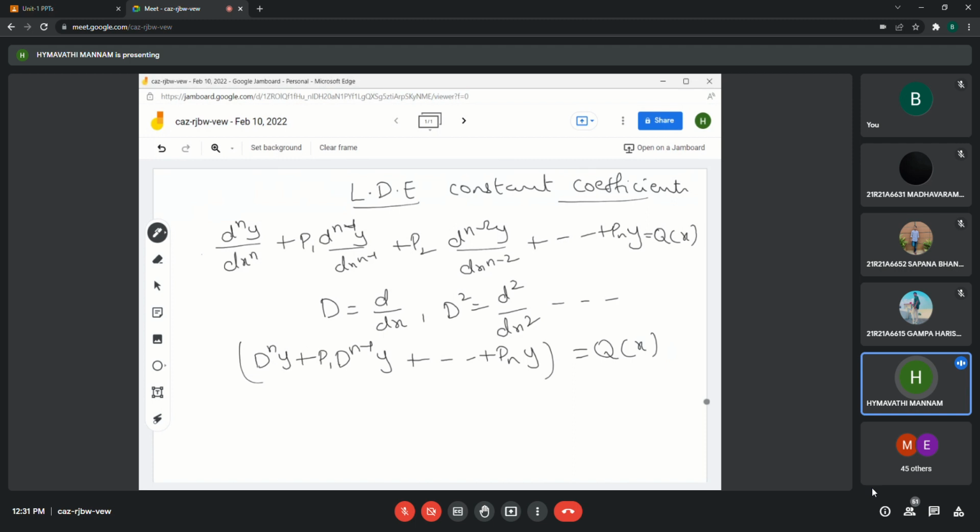This is in the form f of D into y is equal to q of x. So we have two forms: f of D into y is equal to 0, and f of D into y is equal to q of x.